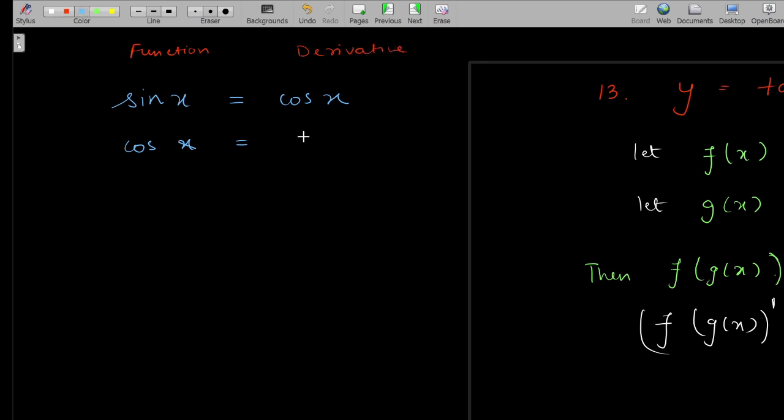Derivative of cosine is negative sine x. Think of it like this, that sine is a good function, cosine is a bad function. So cosine gives us a negative sign. Then we come to tangent.